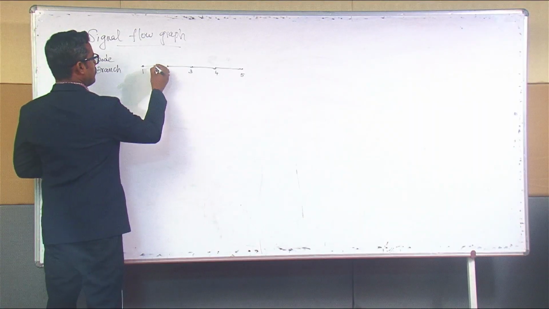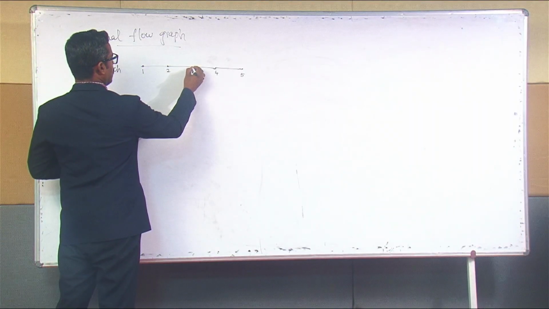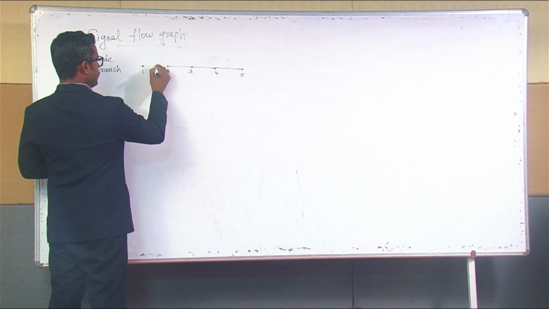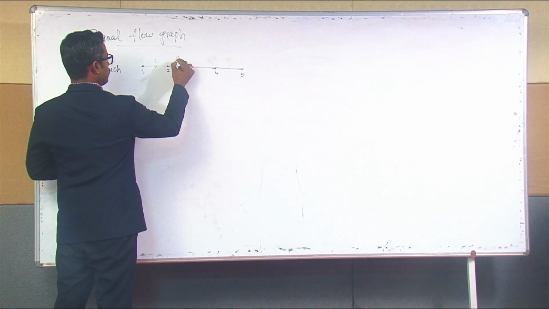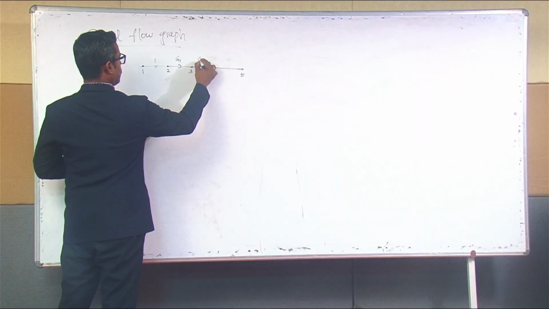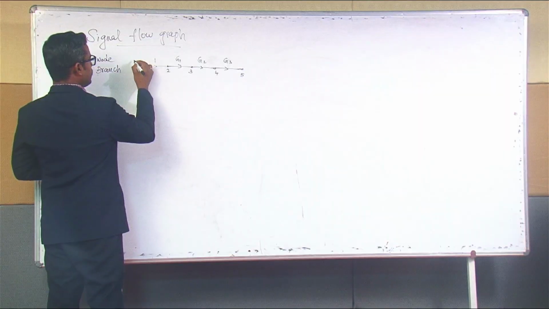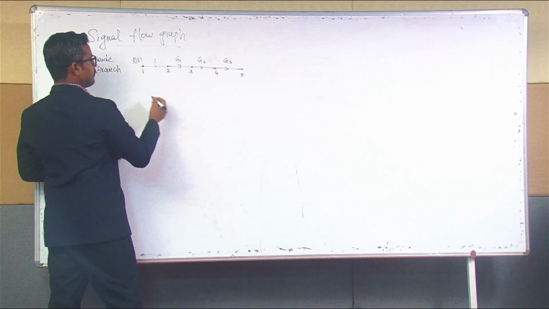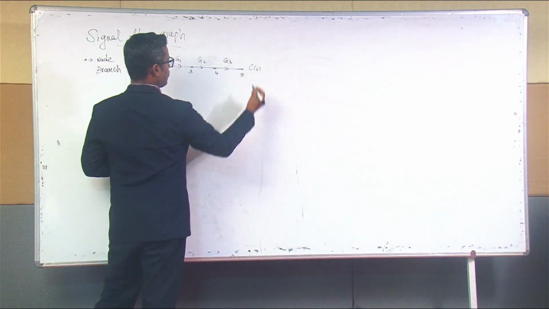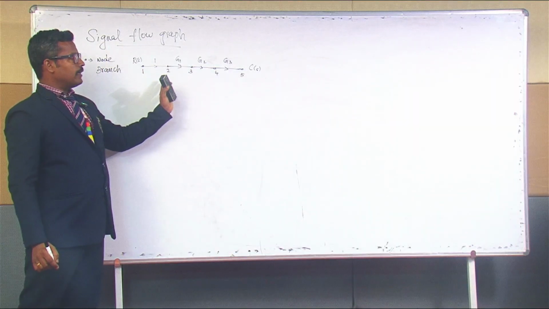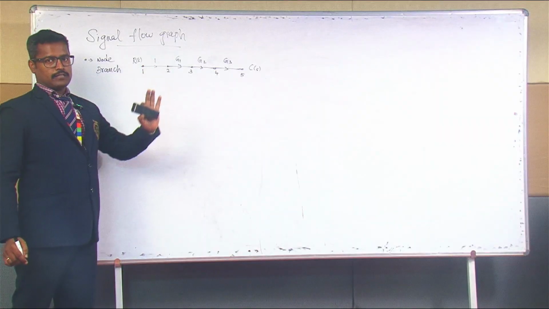Okay, so every branch is a block or transfer function. So if the transfer function is 1, you can write it as 1. If it is g1 or g2 or g3, okay, and the input is given here, so the input is always represented as R and the output is represented as C.